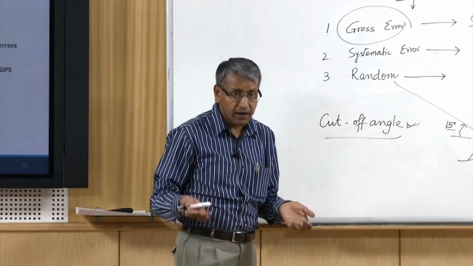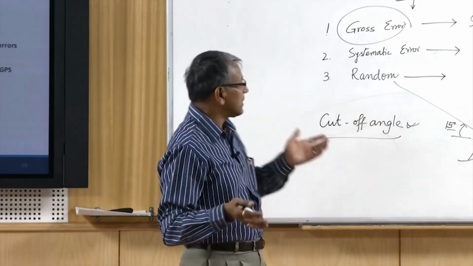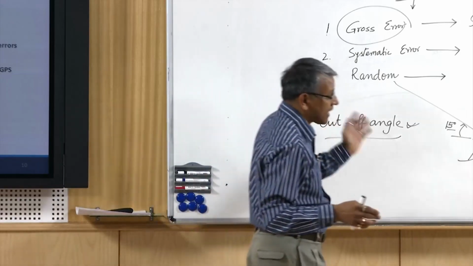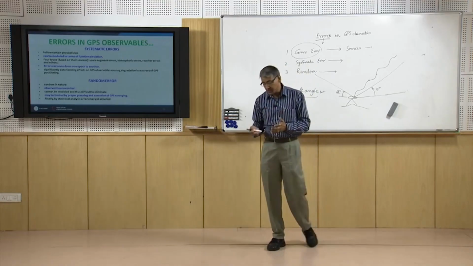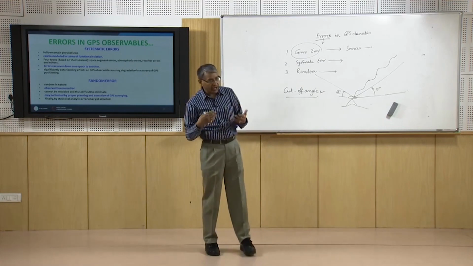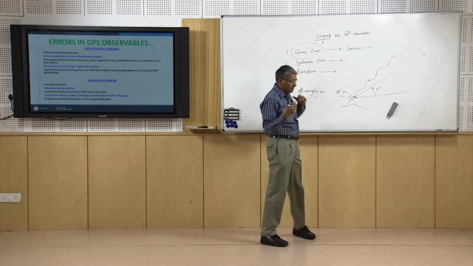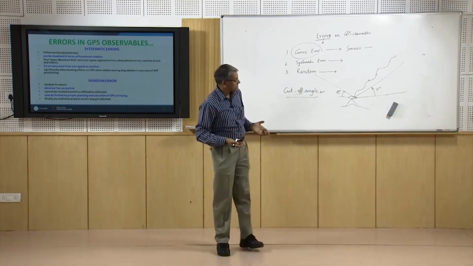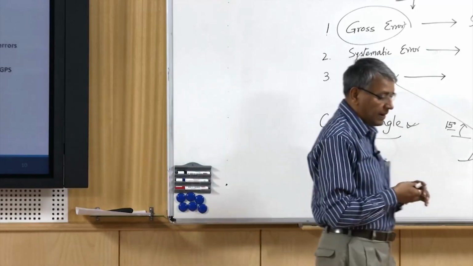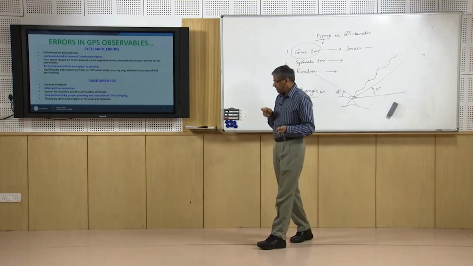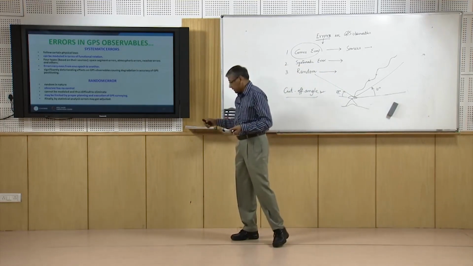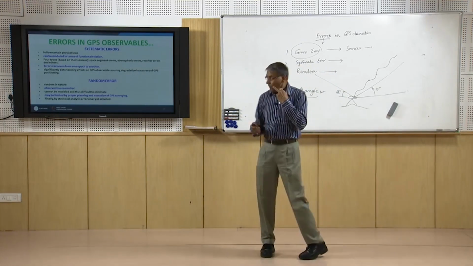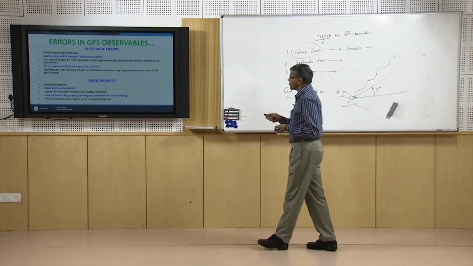Later, after removing the gross error and systematic error, when the data are processed, we should check for random error. If it is present, then statistically we have to adjust the error among different parameters so that the effect on position is minimized. So whatever it is, these errors will be available.